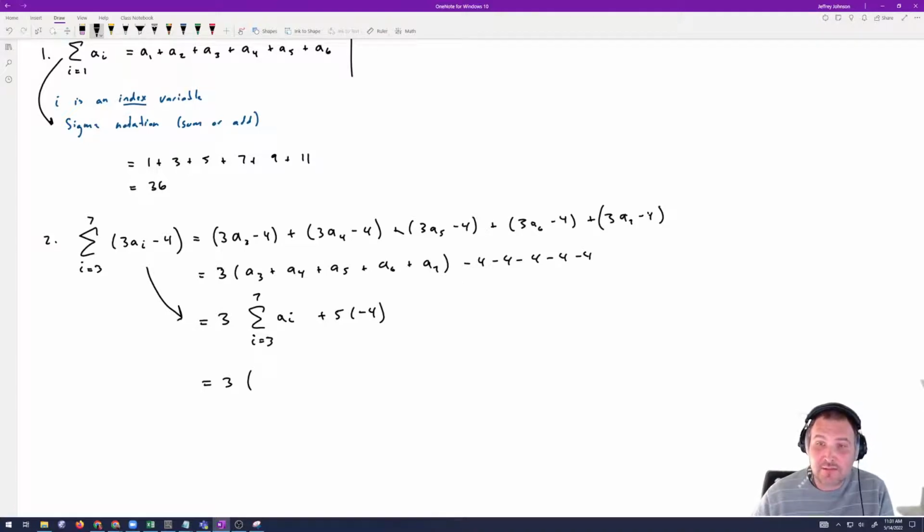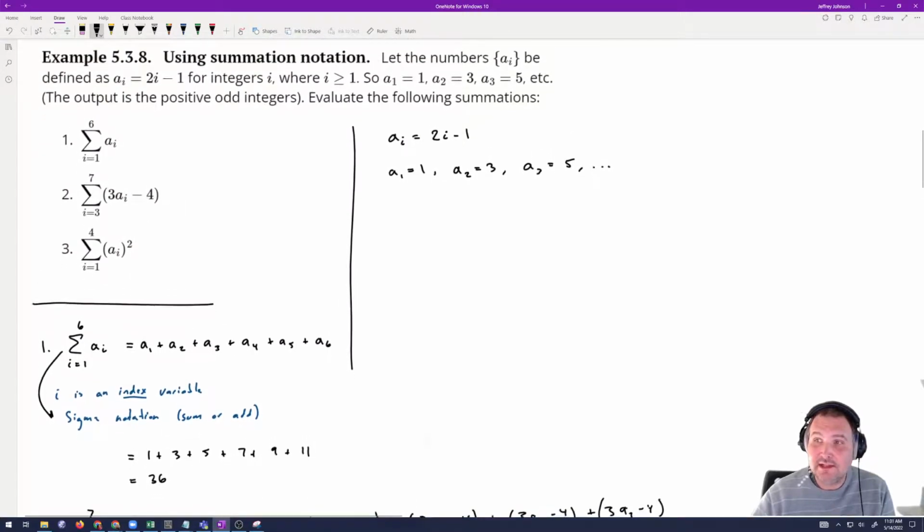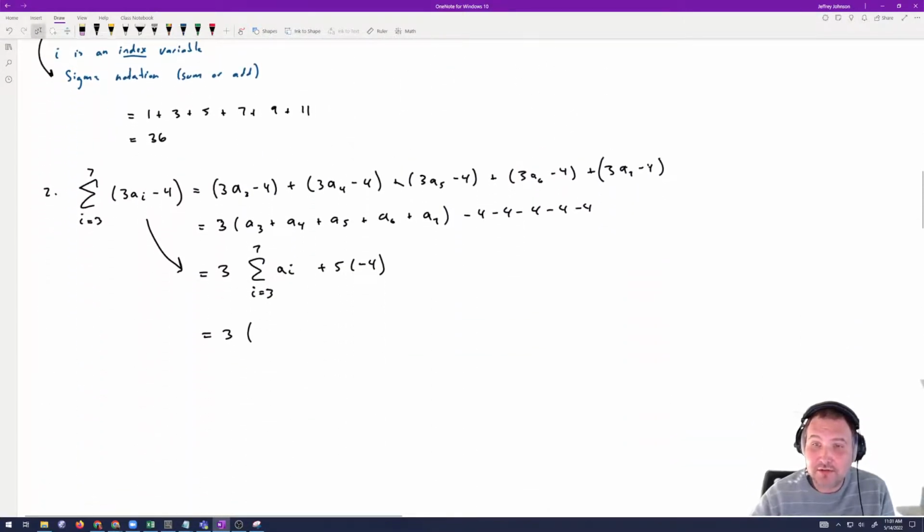So this is a_3, right? a_3 is 5. That's the third odd number. a_1 is 1, a_2 is 3, a_3 is 5, plus 7 plus 9 plus 11 plus 13, right? Minus 20 in this case.